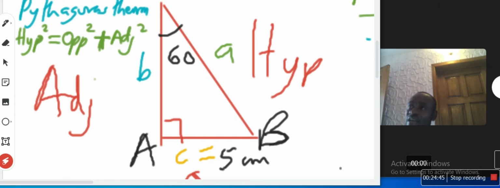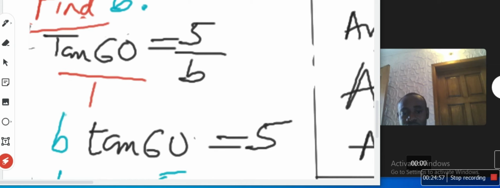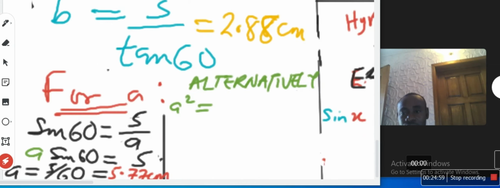I didn't say that is the way it must be. It depends on which side is A, which side is B, or which side is C. The rule is hypotenuse squared equals opposite squared plus adjacent squared. So A squared is equal to B squared plus C squared, or C squared plus B squared. It doesn't matter, based on that rule.